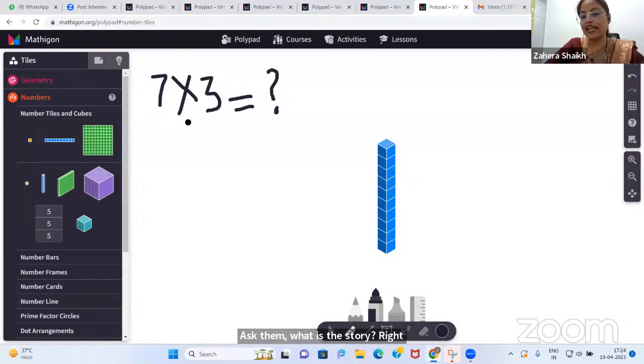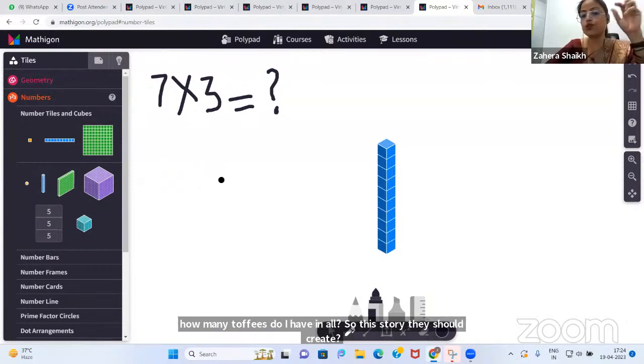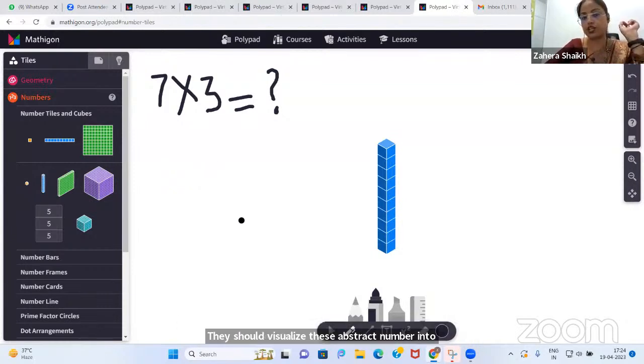They can tell you, okay, I have 7 boxes and each box has 3 toffees in it. So how many toffees do I have in all? This story, they should visualize, these abstract numbers, in the form of any concrete object, right?